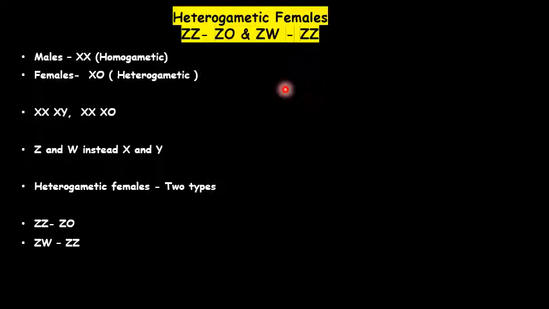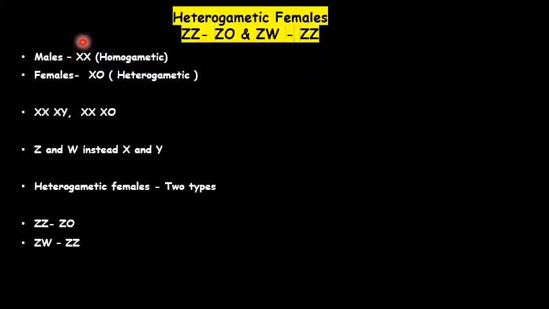Now what we are going to learn is heterogametic females, which means instead of males, here females will be producing dissimilar gametes. In this heterogametic females type of sex determination, males will produce the same type of gamete cells.